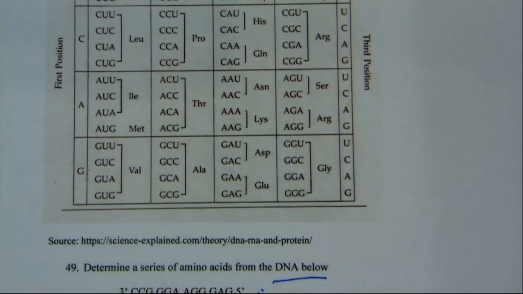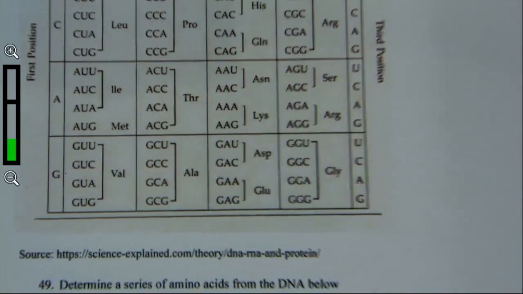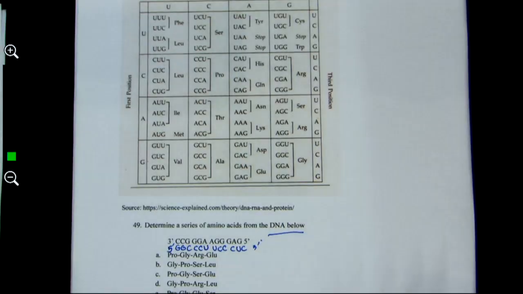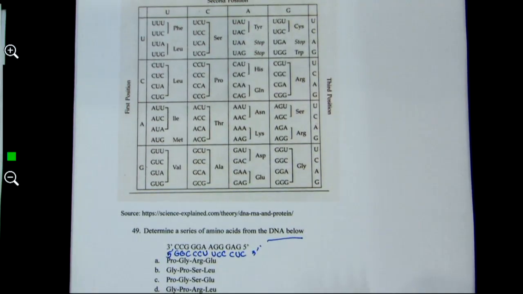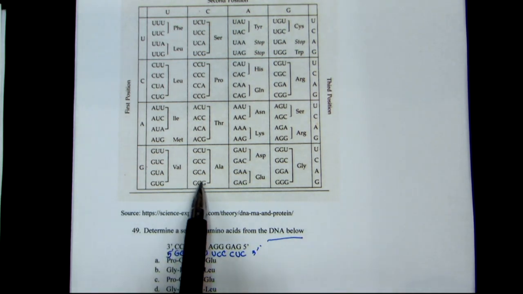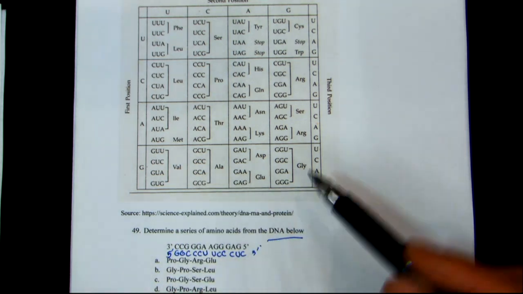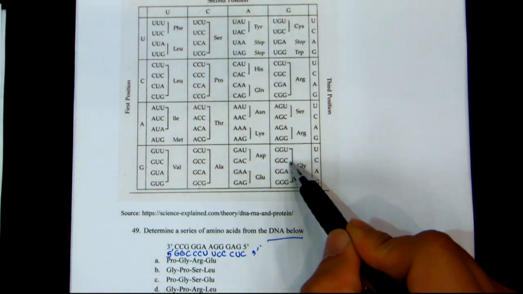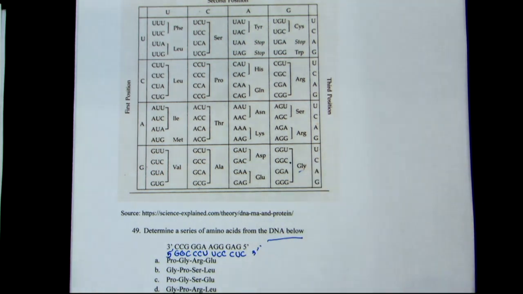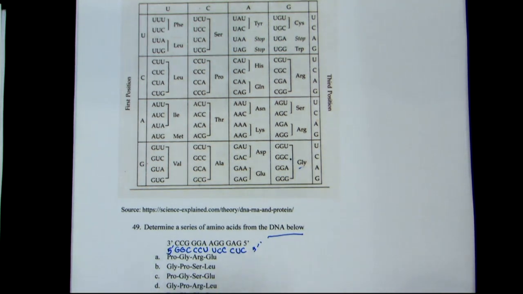Okay, let me zoom in a little bit. The first one, GGC, where's GGC, right here, right? So the first one is Gly, so it would be either this one or this one.